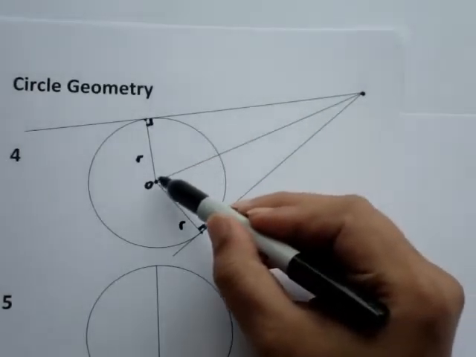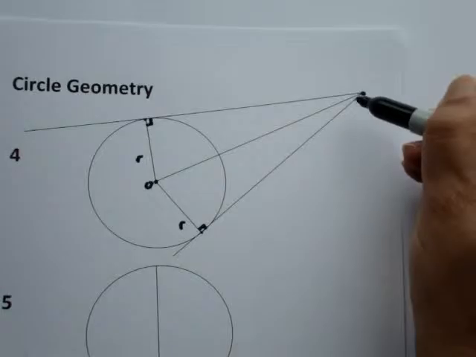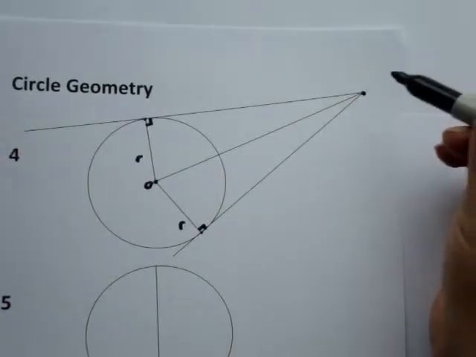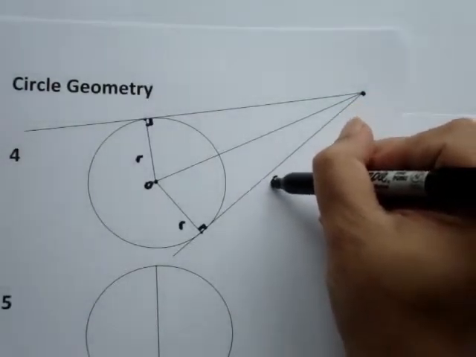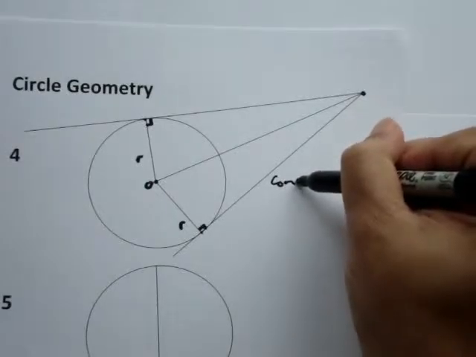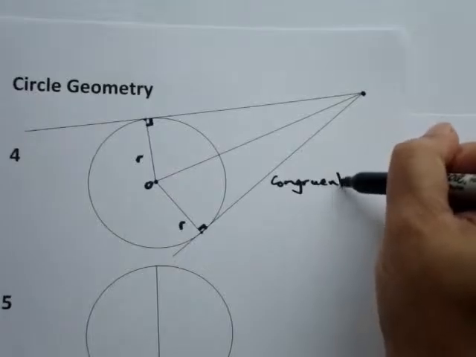And if we draw from the center of the circle to the point where the tangents start, we form 2 triangles which are congruent right angle triangles. So these 2 triangles will be congruent.